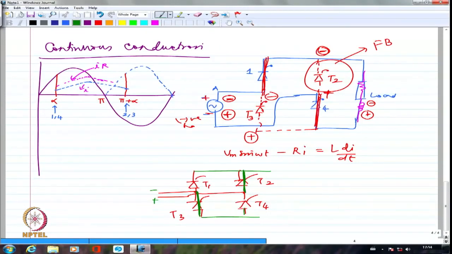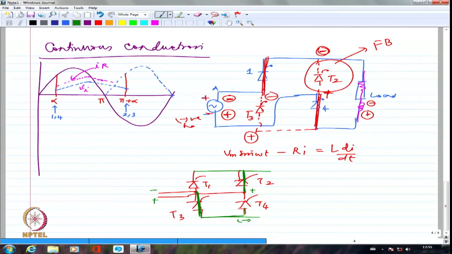Now, this is plus, so automatically I'm going to have plus here. This is minus. This minus is going to be connected through this to the minus here. T4 gets reverse biased. So the two devices which helped T2 and T3 to get into conduction became suicidal for those two devices.